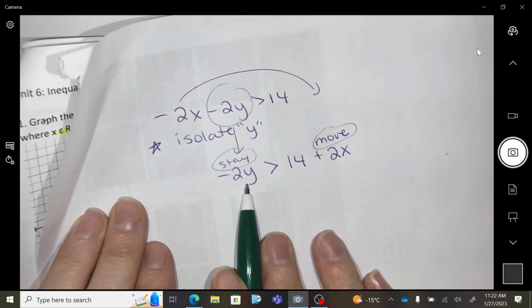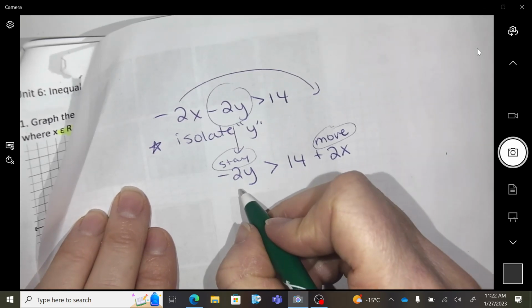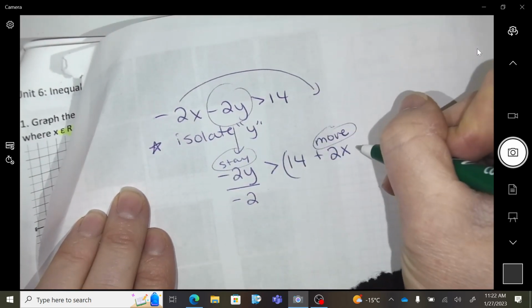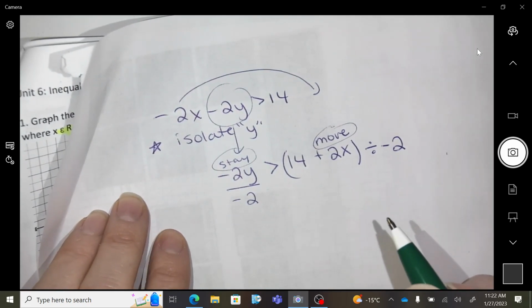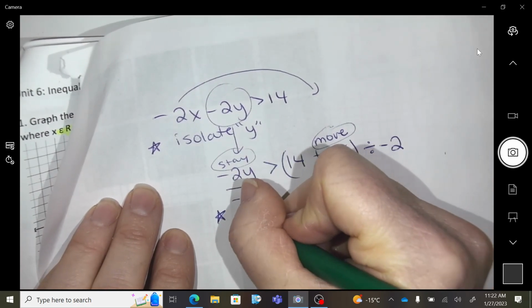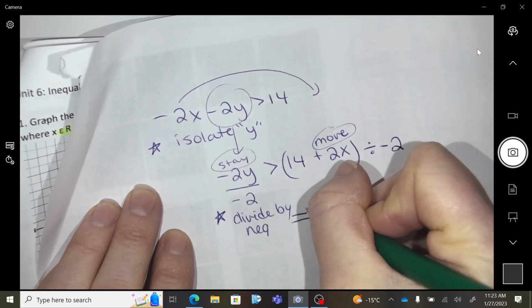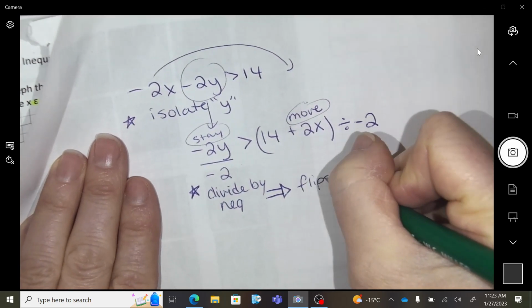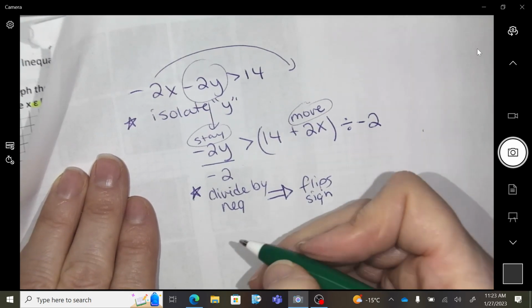I stayed with the y. I moved the thing that needed to move. Then I'm going to tell myself to get y alone, I have to divide by negative 2. And I'm going to put a star here, and I'm going to write divide by negative does something. Flips sign. That's why I thought maybe we should just write this one in case we run into that situation. We flip the sign.